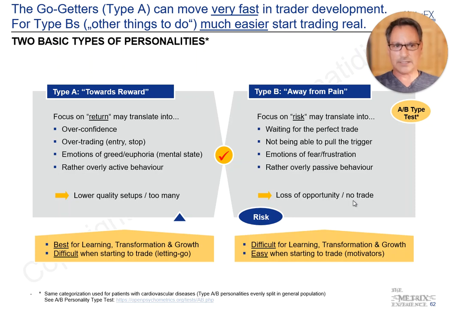Now, what does that mean? What are the pros and cons? Type A is actually very good to mature as a trader, to step up your trader development path. So it's best for learning, transformation, and growth. They're very quick in doing that. It takes just a few months. However, once they have matured into a trader, they have all the technical skills, etc. Well, it's a bit difficult for them to start trading the live markets, because then you need to let go, completely let go.